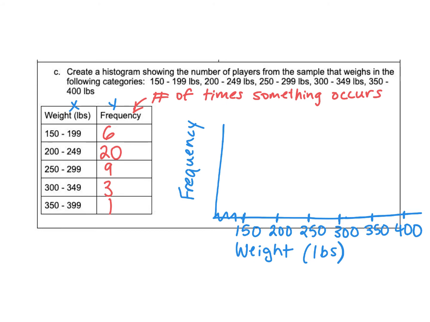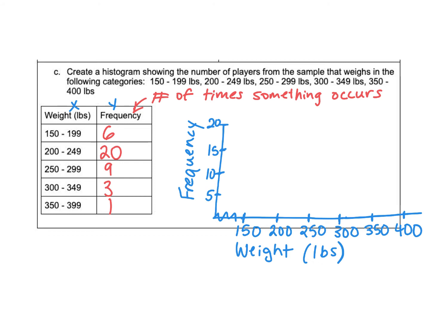What's my lowest frequency? 1, and I need to go how high? 20. So I'm going to go up by 5s, okay? If you want to go up by 1s, 2s, 10s, it doesn't really matter, okay? Just try to make this as good as you can. I'm going to do 5, 10, 15, 20.